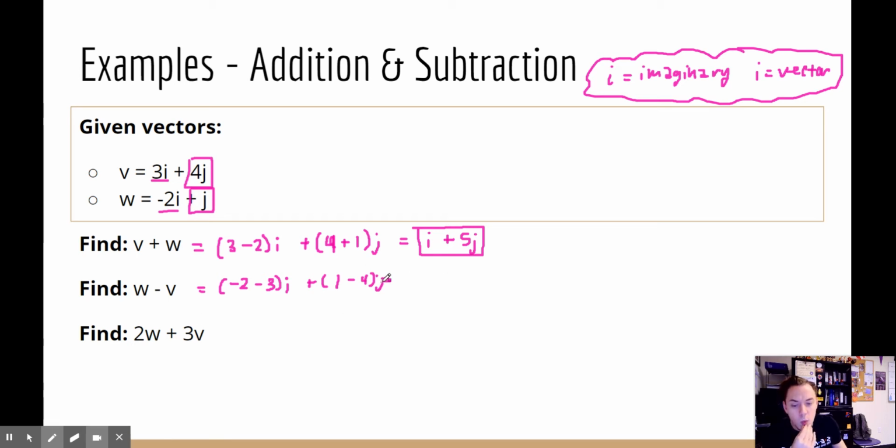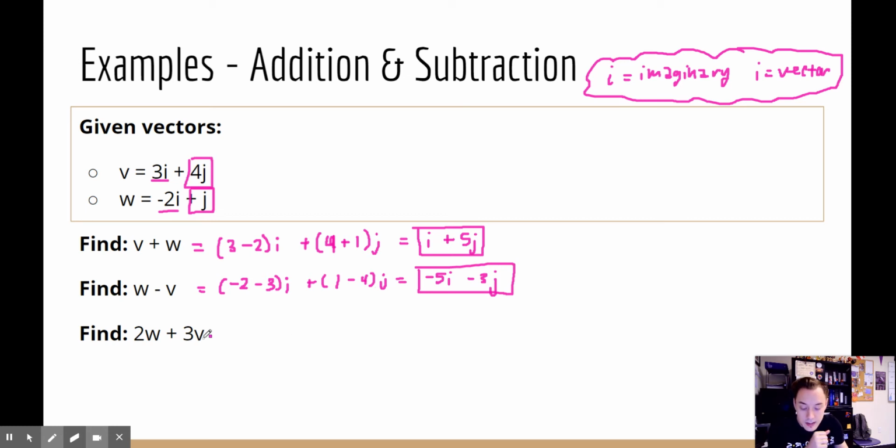If you're wondering why I subtracted on the first one, it's because it's 3 minus 2, so that would be 3 plus a negative 2. I'm still adding either way, but I'm using my negatives because it's 3 plus a negative 2 and then 4 plus 1. Here it's minus, so that's why I have minus signs in the middle. So just wanted to let you know that in case you got confused. This is going to be negative 5i and then minus 3j.